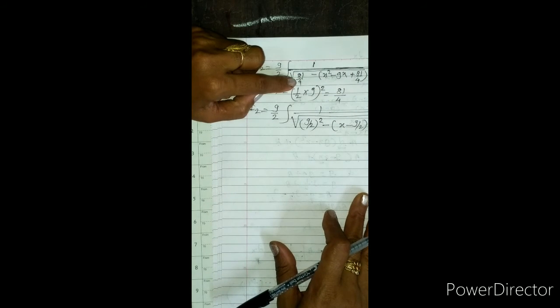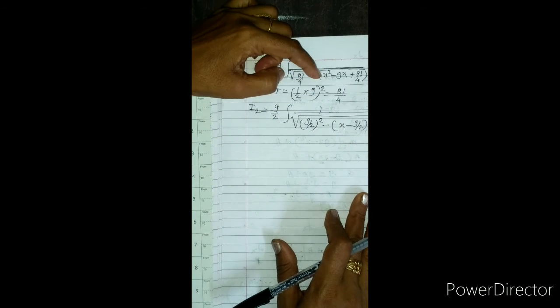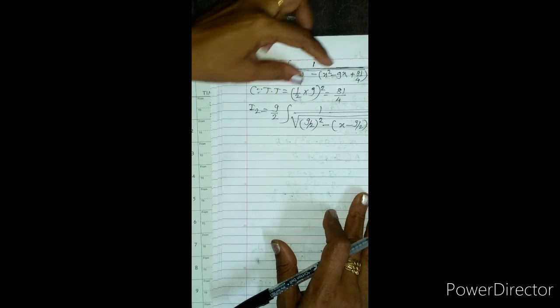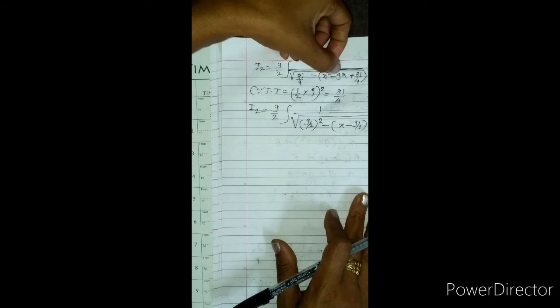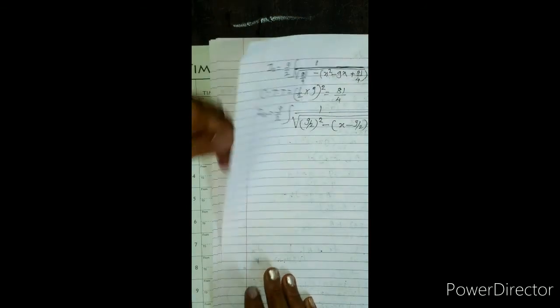Here 81 by 4 is the square of 9 by 2 by using this expression, and here the square term has a minus sign, by taking the minus sign as common, that expression becomes the root of this, the sign of the middle term and the root of the third. As the sign of the middle term is again negative, as here 9x is negative.